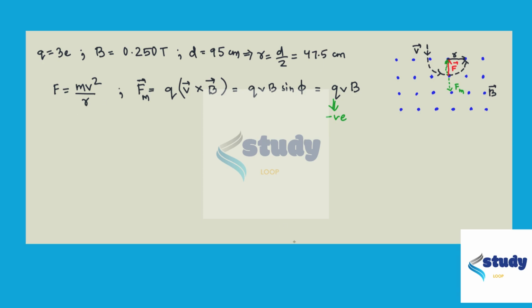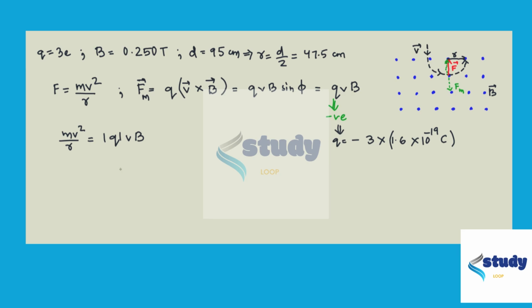Now we can combine these two equations, and since we are just concerned with the magnitude of force now, because we already know the direction, we say m v squared over r is equal to mod q times v times B. Here we found that q is negative, so q is equal to negative 3 times 1.6 times 10 to the power minus 19 coulombs.